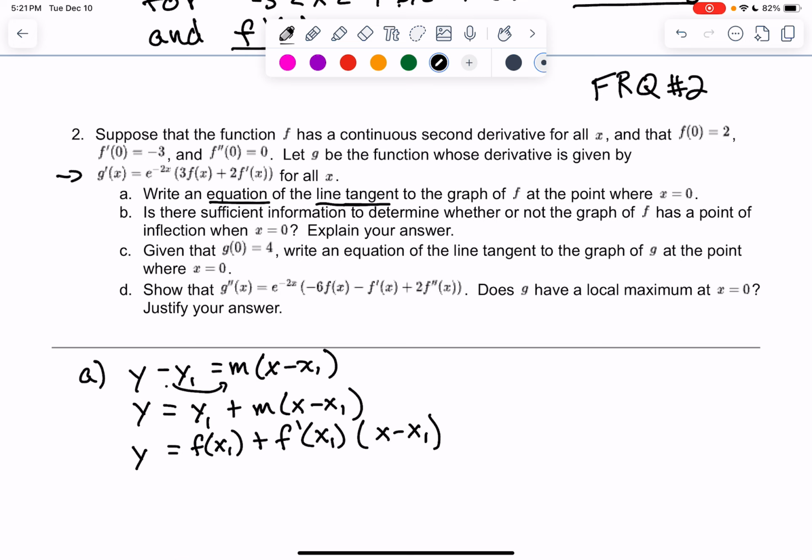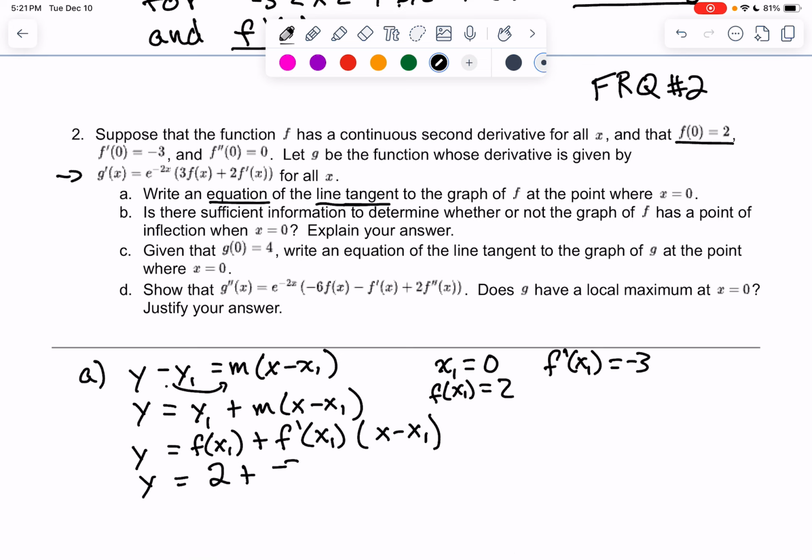Now we actually have all these pieces, because we know that x1 equals 0 and f of x1 equals 2. We know that from the first piece of information. And we know that f prime of x1, the slope at 0, is negative 3. So now I just need to substitute in these values. We'll have 2 plus negative 3 times x minus 0. Done.